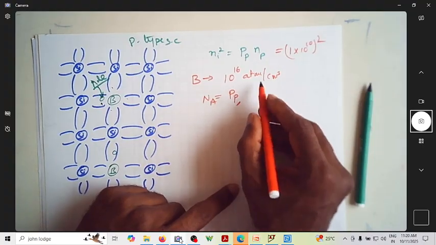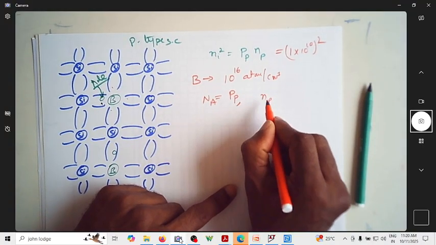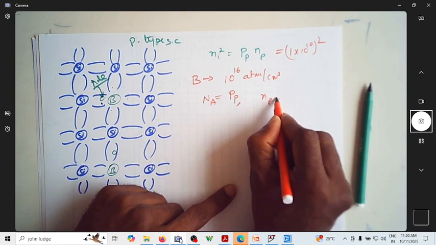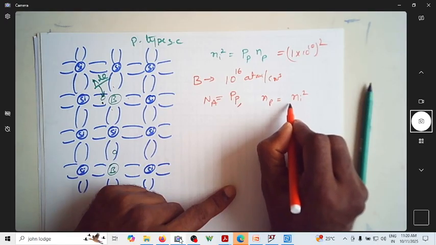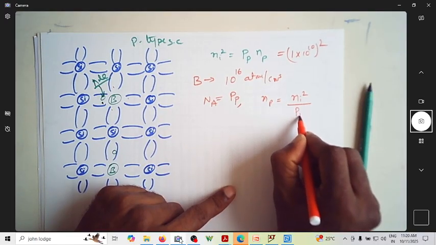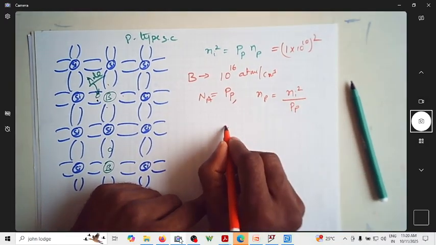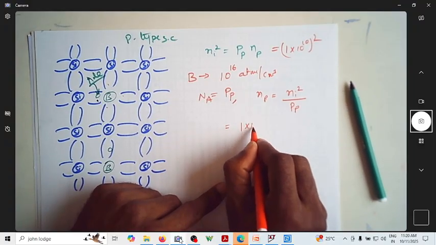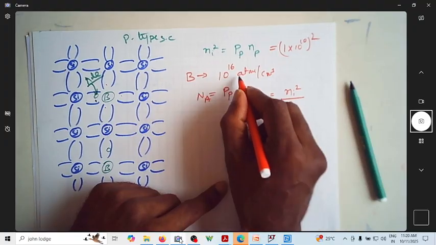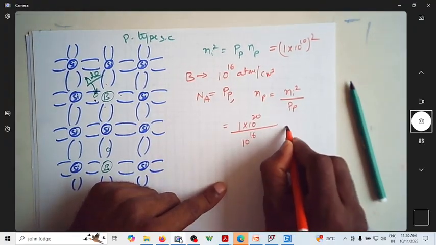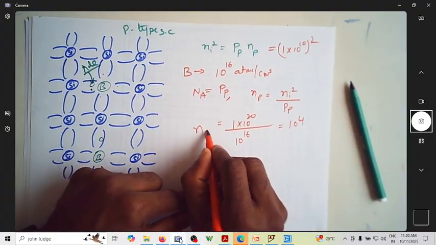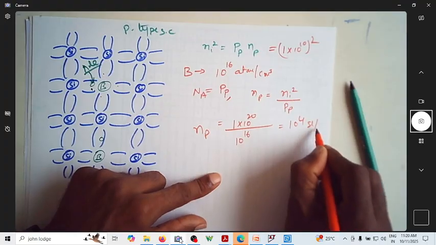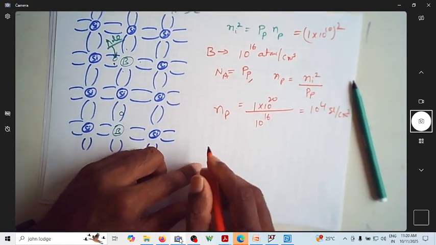So then what is n of p? The number of electrons in p type is from this equation, ni square divided by p of p. So what is ni square? It is 1 into 10 power 20. This is 10 power 16. How much do I have? 10 power 4. This is n of p, electrons per cubic centimeter.